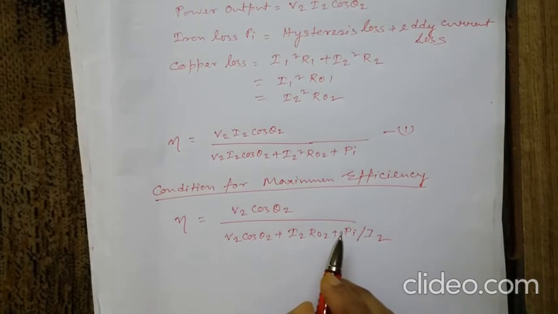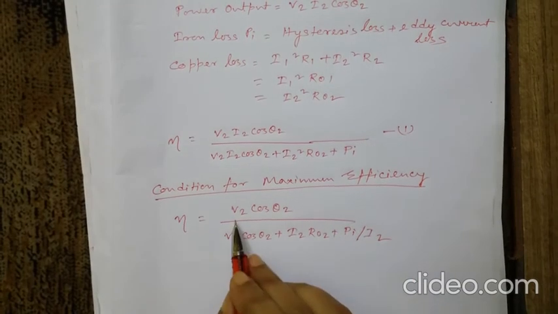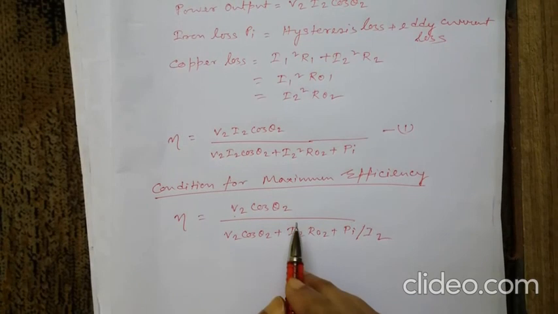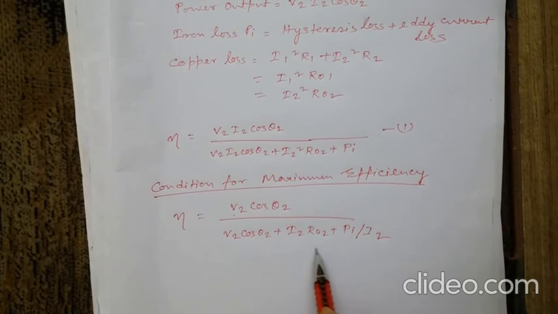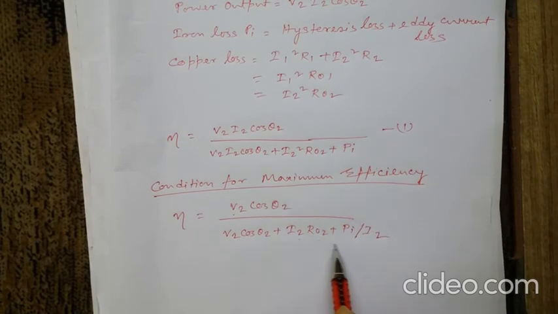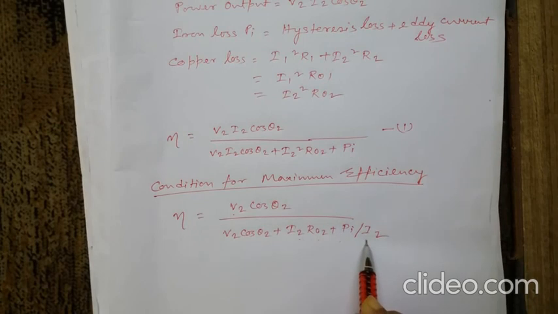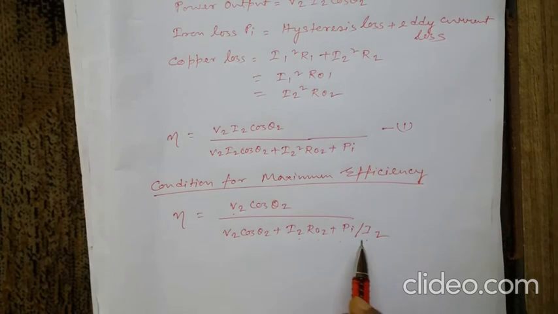Now the transformer is operating at constant terminal voltage and constant power factor. We know the value of I2 at which the efficiency is maximum is when I2 R02 plus Pi by I2 is a minimum value.